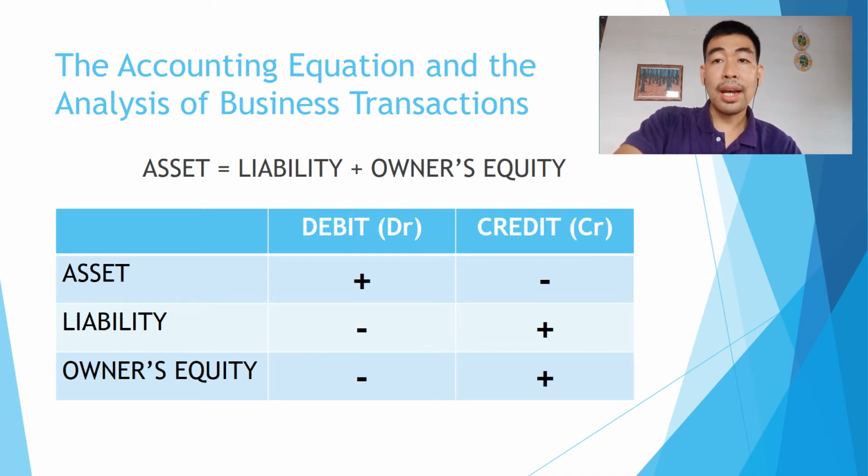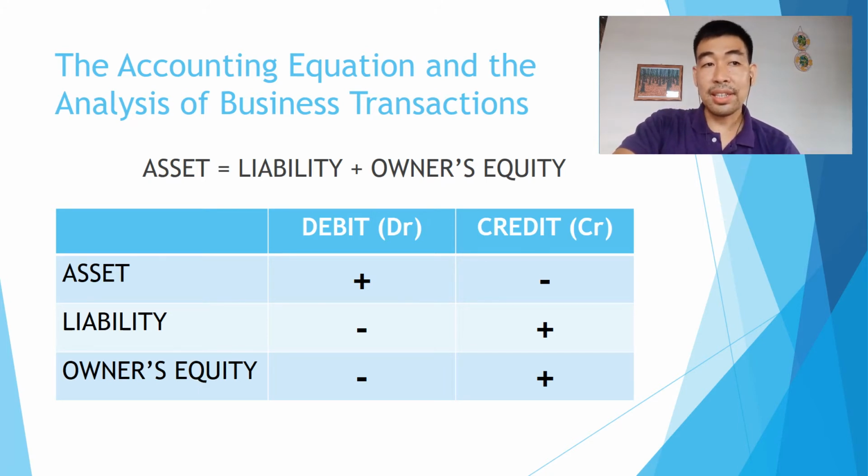Now, in dual entry or double entry accounting, there should be at least one debit and at least one credit. And this chart will give us a guide on how you write debit and credit accounts.